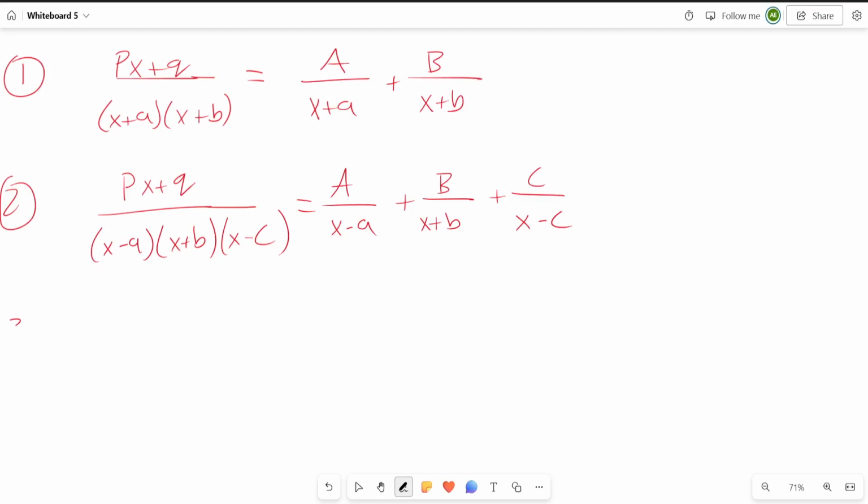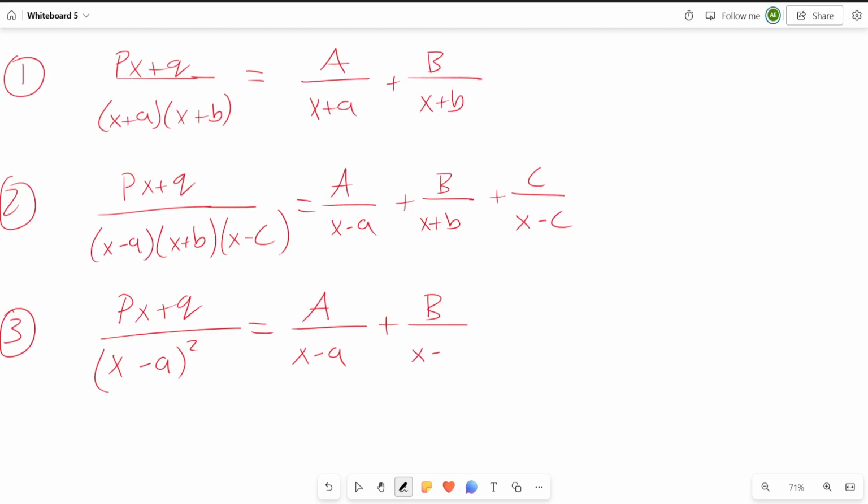Okay, now, the third case that I can have is something that looks like this: px plus q over x minus a all squared. Okay, so again, the degree of the numerator is less than the degree of the denominator. This we can write as a over x minus a plus b over x minus a squared, and you need to take care of this.